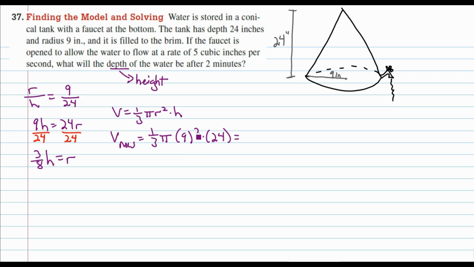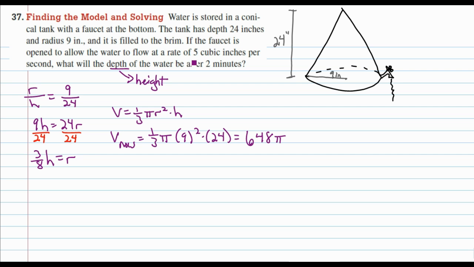So that's going to be 9 times 9, 81 times 24 divided by 3. That's going to be 648 pi. That's the volume now. Now in 2 minutes, we're going to be losing some water.